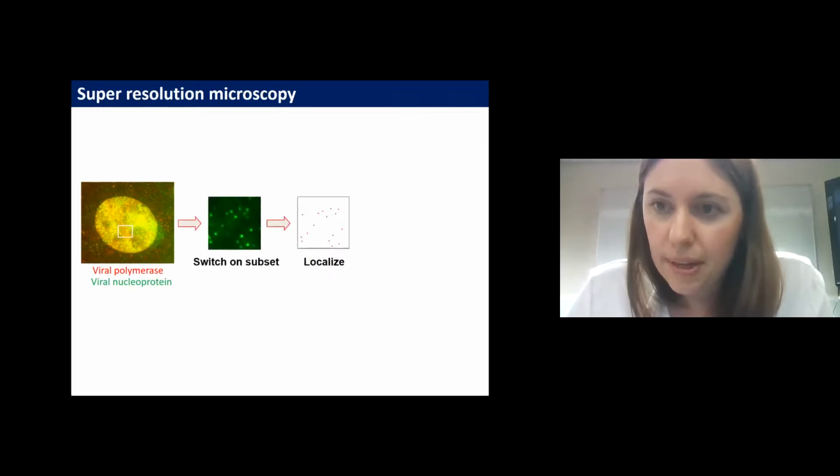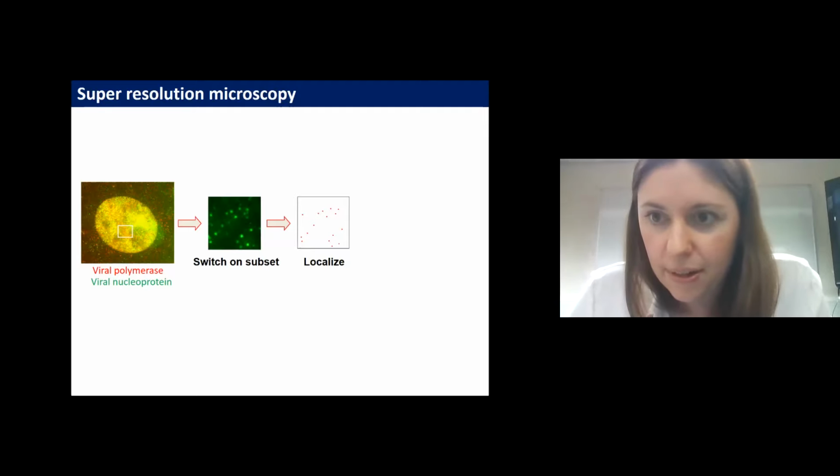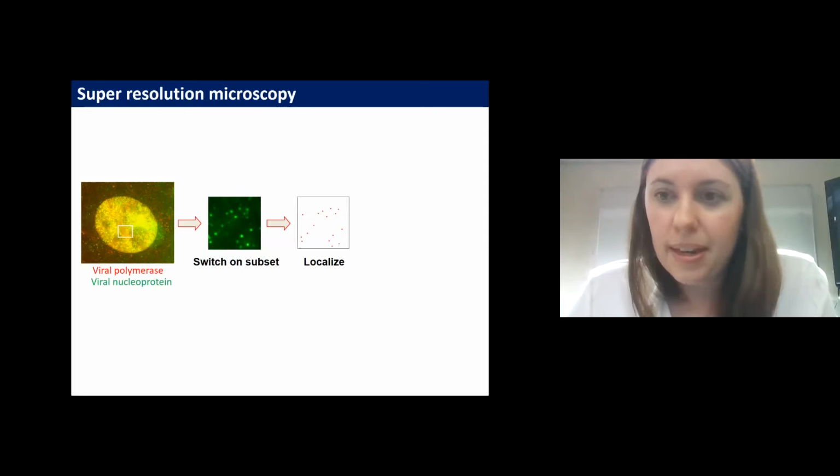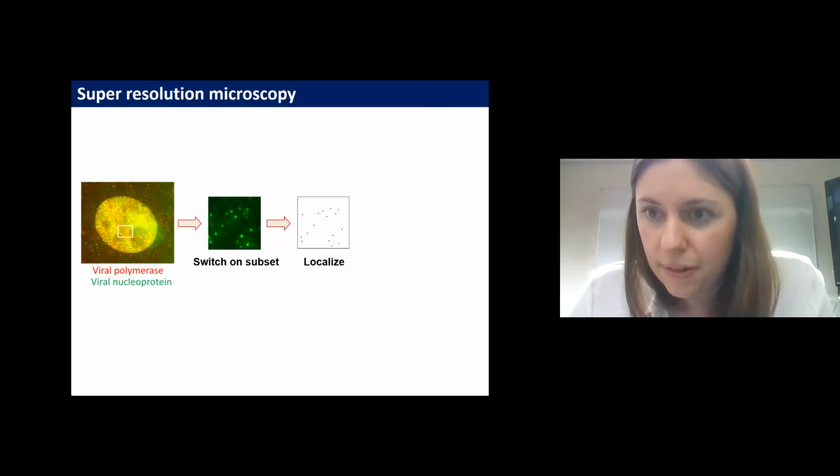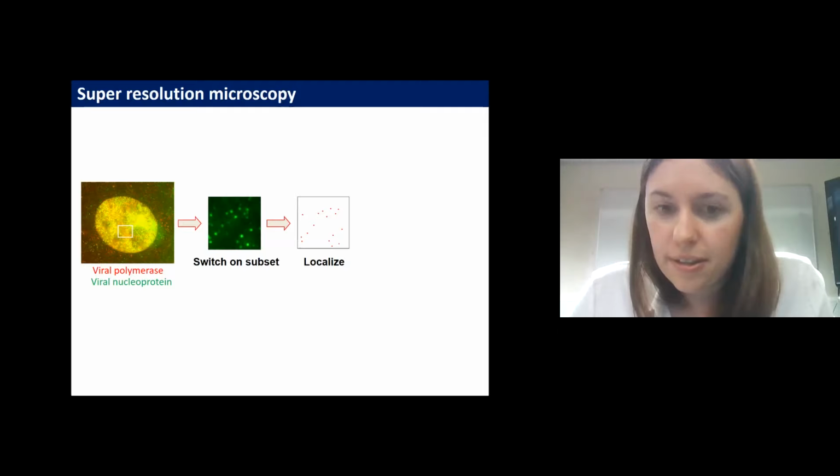But if you use dyes that blink, in each frame of your acquisition, only a small subset of the dyes will be switched on. Because these are far enough apart, you can precisely localize, using the centroid of the localization, exactly where they are. Then this small subset of fluorophores will be deactivated and switched off, and you can just cycle these.